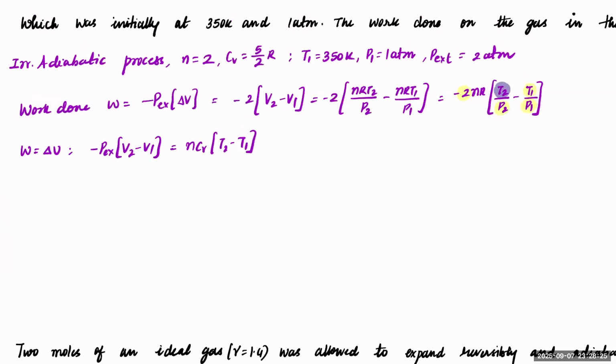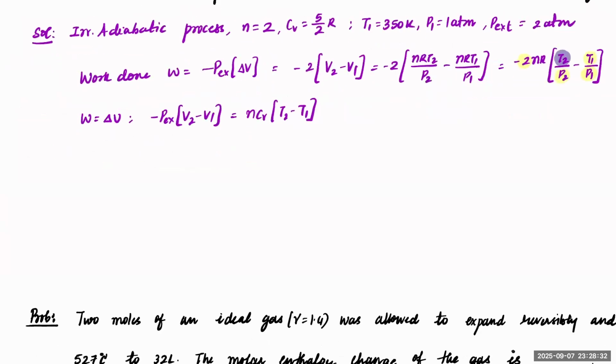This is the equation we have, so I'm using that same equation here. Minus p external, which is 2, into V2. We wrote this entire thing this way, so let me take out n R multiplied by T2 divided by P2.